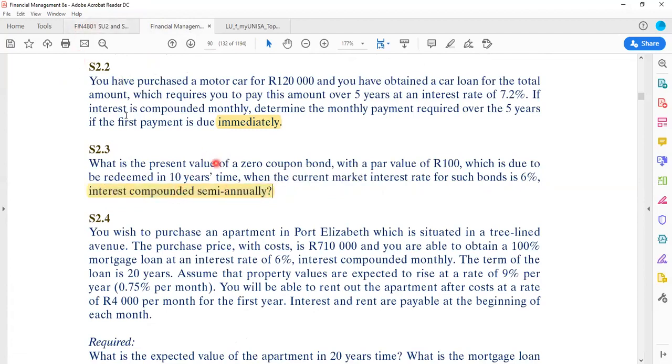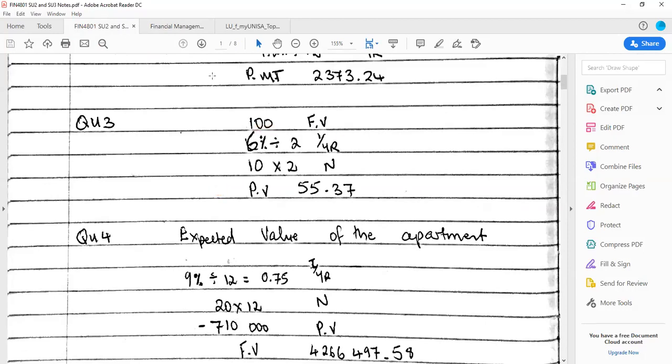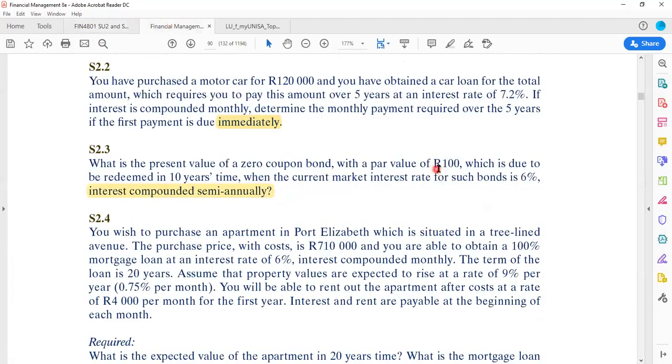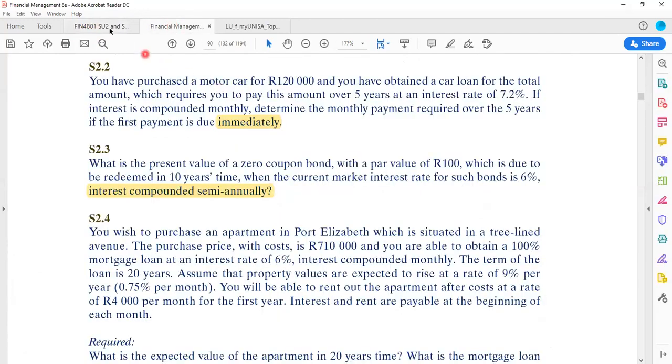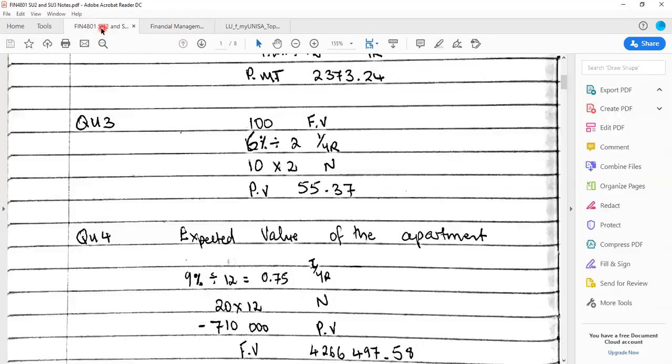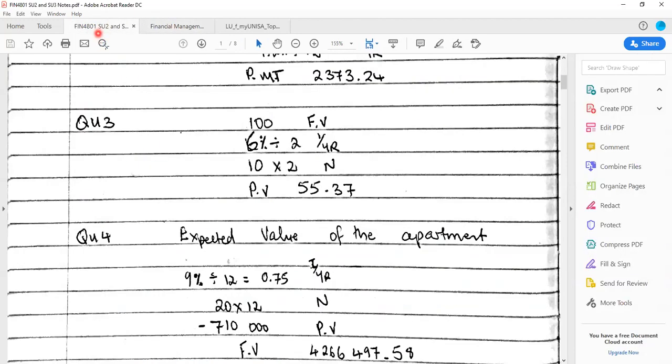We're going to look at bond valuation later on, but for now, FV, the par value, that's 1,000, 6% divided by 2, that's the interest. Because it's semi-annual compounding, we divide by 2. 10 times 2, that's N. Because it's a 10-year bond, it's redeemed in 10 years, so we multiply by 2. And then we calculate the PV, right?